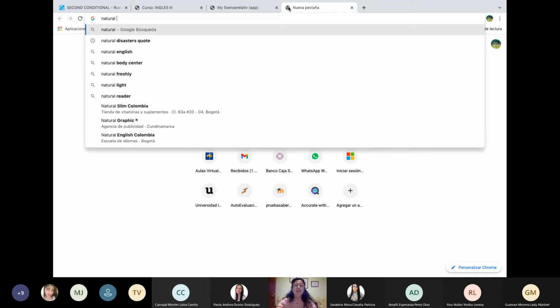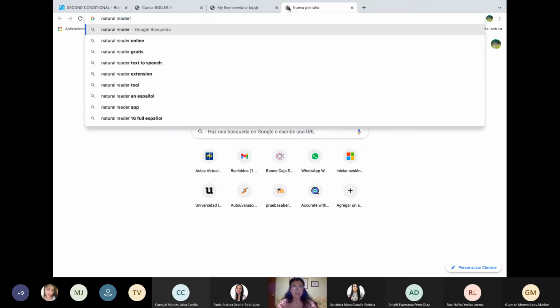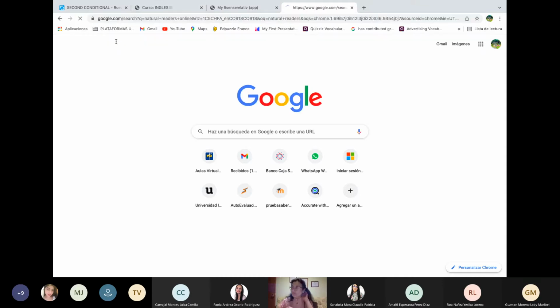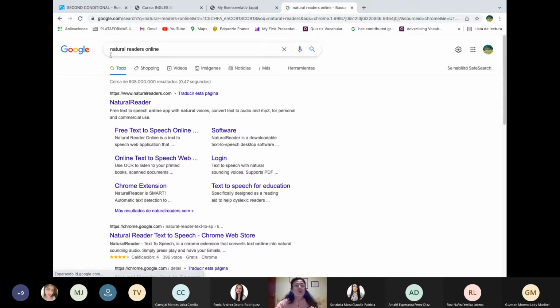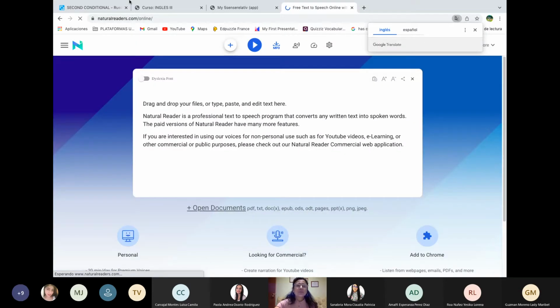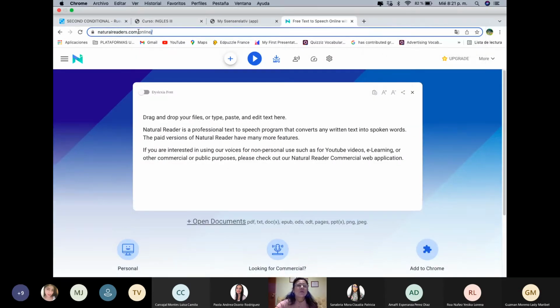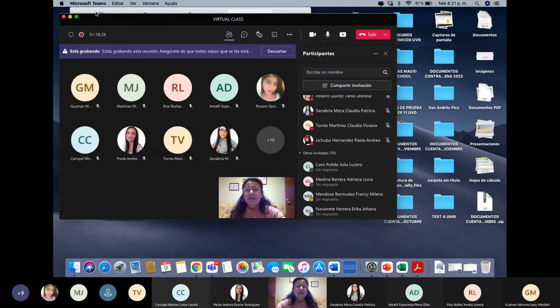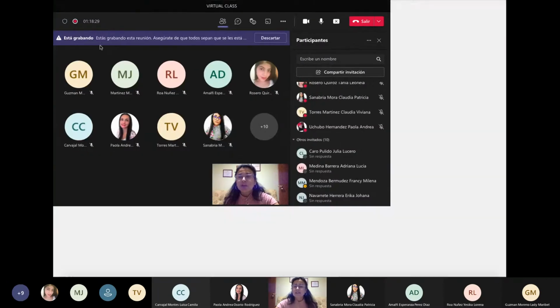Here there is an application, I don't know if you are familiar with Natural Readers. No sé si ustedes están familiarizados con esta aplicación. That is Natural Readers. Miren, lo voy a compartir este link que estoy aquí copiando, lo comparto ahí en el chat para que ustedes lo tengan.